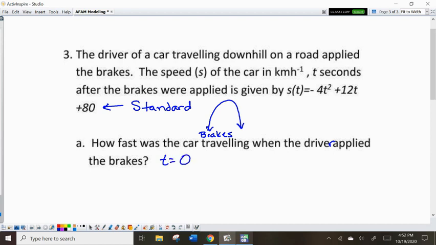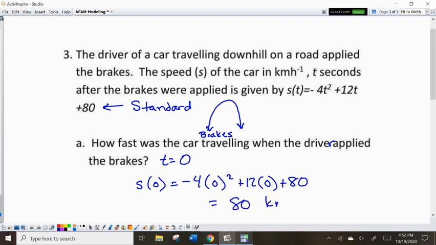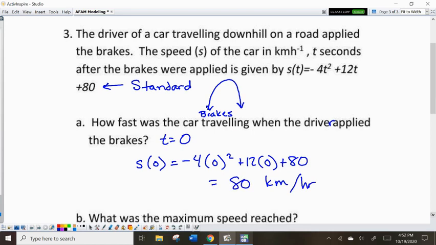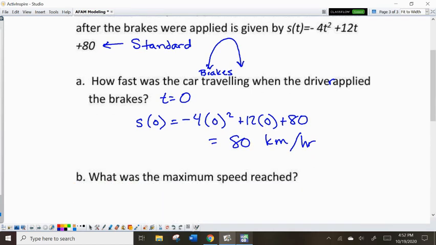So we're going to plug 0 in for our t value, our x spot, and you should recognize, hopefully, that that is the y-intercept, which we can see by looking in standard form, which would give us 80. So it would be 80 kilometers per hour when he initially applies the brake when time is 0.